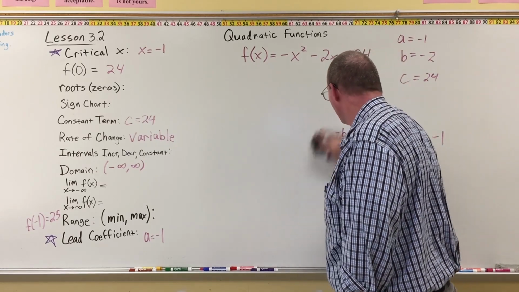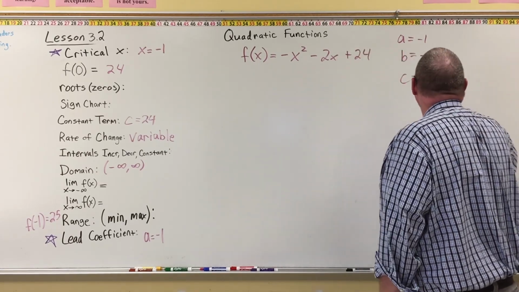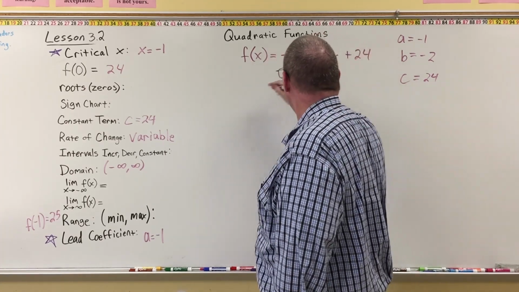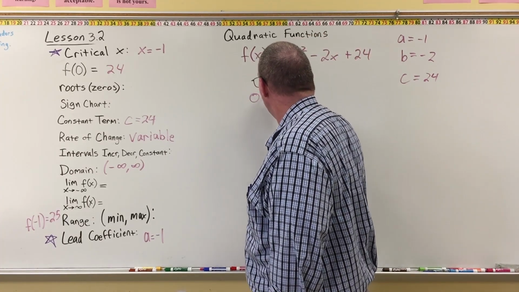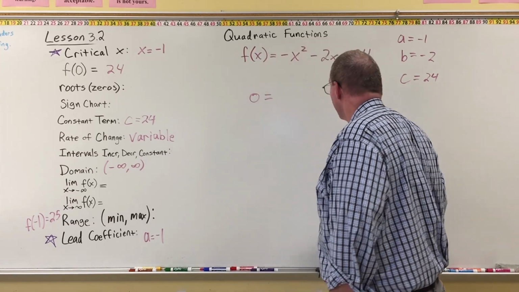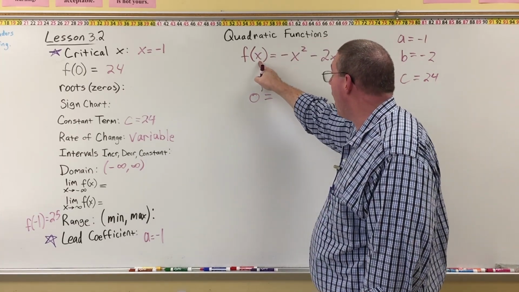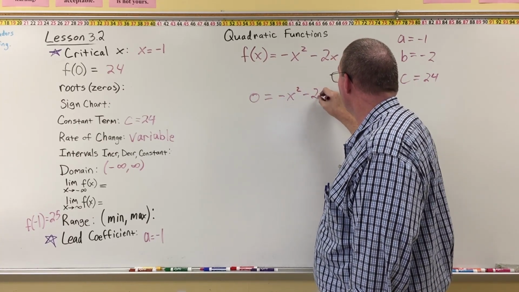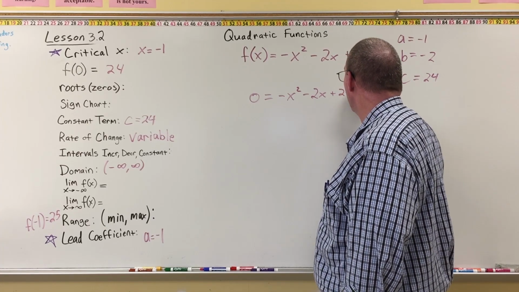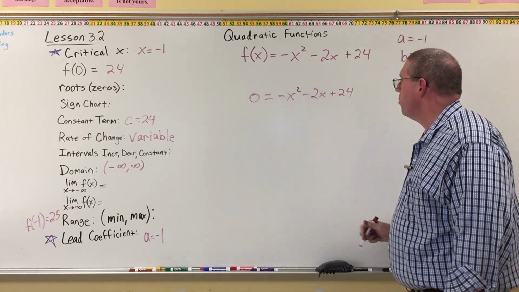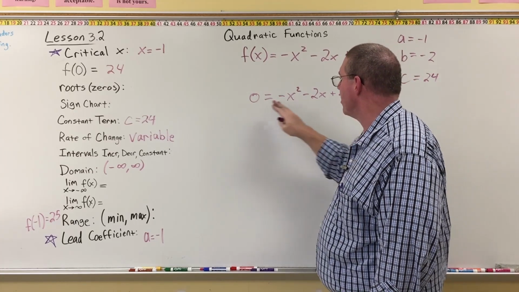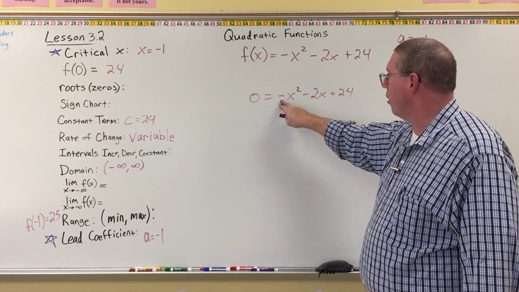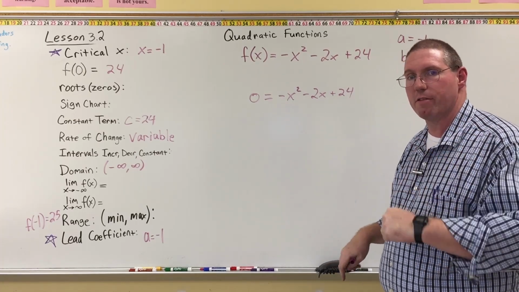okay? All right, what about the roots, okay? Well, we know to find the roots, we're going to set our function, or our expression, equal to 0. We're going to make y equals 0, and then negative x squared minus 2x plus 24. Well, look at this. Remember how we said when we were going to solve a quadratic, we set it equal to 0, but we would really like for the lead coefficient to actually be positive instead of negative.